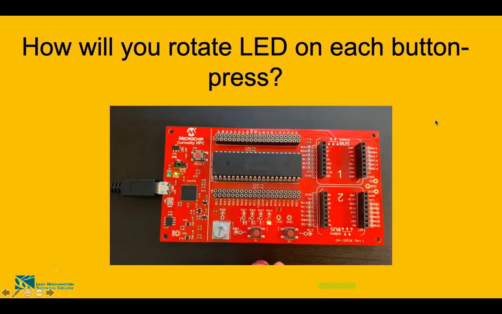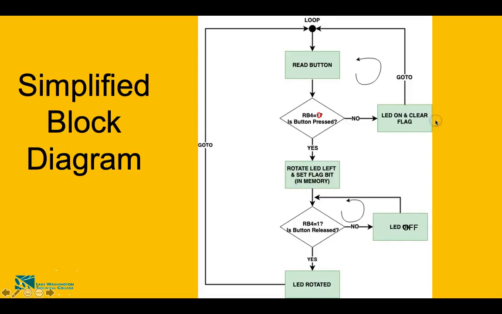Now let's start with the flowchart. So this is the flowchart for rotating the LED towards left with each button press, and it starts with the read button. You know that our button is S1 and S1 is connected to the RB4 pin.